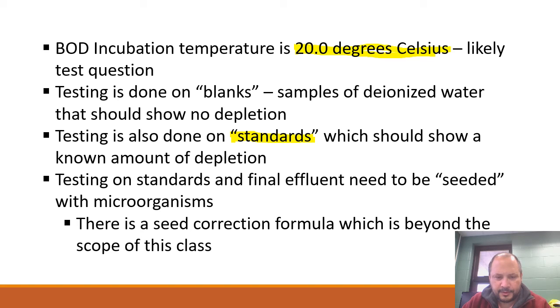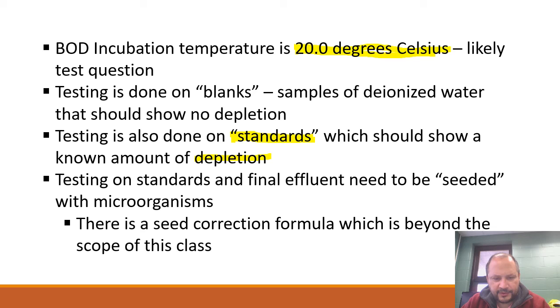So after 5 days, that oxygen depletion should be within a certain, known range. And so what we're doing when we test our blanks and our standards is basically that's telling her that she set the test up right and we didn't contaminate any bottles or anything like that.